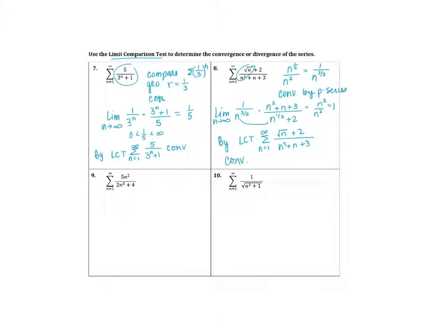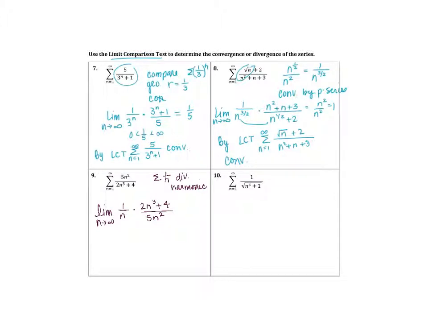Right, for our next problem, I would compare this to 1 over n. So we're going to compare here to 1 over n, which is divergent. It's a harmonic series. Okay, and so we're going to look at our limit as n approaches infinity of 1 over n times (2n cubed plus 4) over 5n squared.